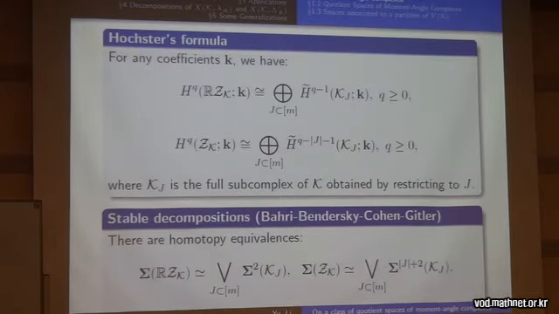And actually, this result also follows from the stable decomposition of these spaces. This is a result by Bahri, Bendersky, Cohen, and Gitler. They show that there are homotopy equivalences between the suspension of the real moment-angle complex of K and the big wedge of the double suspension of K_J.